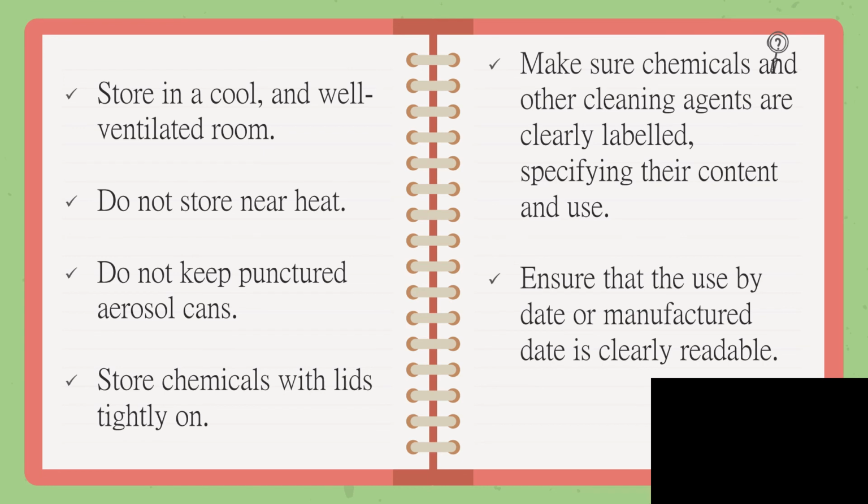Kasi mamaya hindi natin alam ano nga ba dito yung muriatic acid, ano nga ba dito yung abrasive. So, dapat maging careful tayo. And then ensure that the use-by date and manufacture date are clearly readable. Kung yung mga pagkain may expiration, ganon din sa mga chemical. May expiration date din siya.